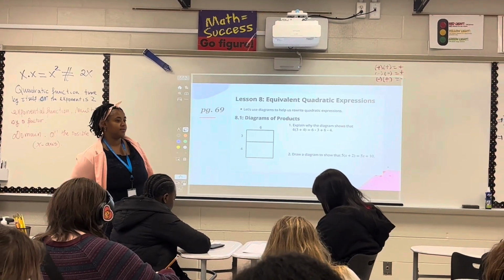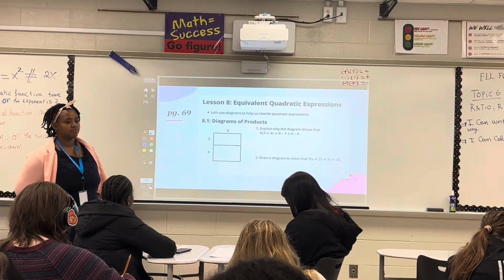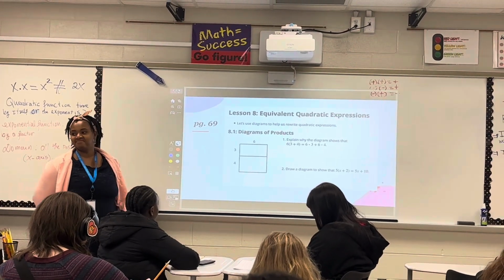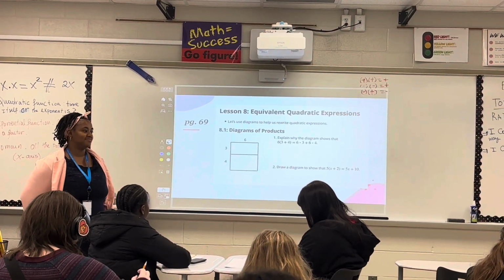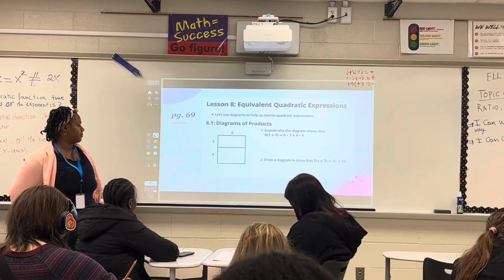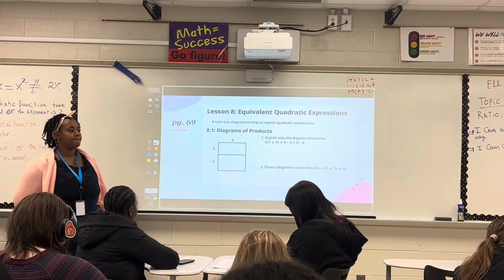Who would like to explain? Anyone? How do you see that diagram with the equation? How does the equation represent the diagram?